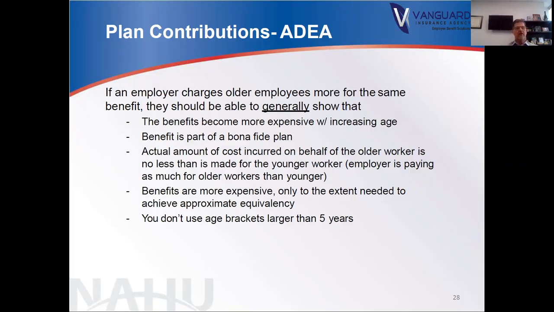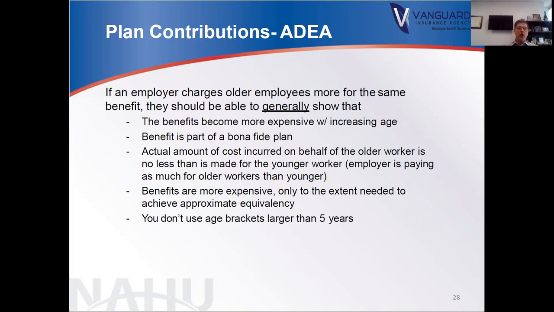Certainly the Affordable Care Act definition of metal tiers from bronze to platinum would be a compliant plan and a bona fide plan. You want to make sure that the actual amount of the cost incurred on behalf of the older worker is no less than what is made for the younger worker. So employers that are paying a lot more for their coverage than younger employees could present compliance problems, and that is a challenge when trying to be compliant within an age-banded plan.